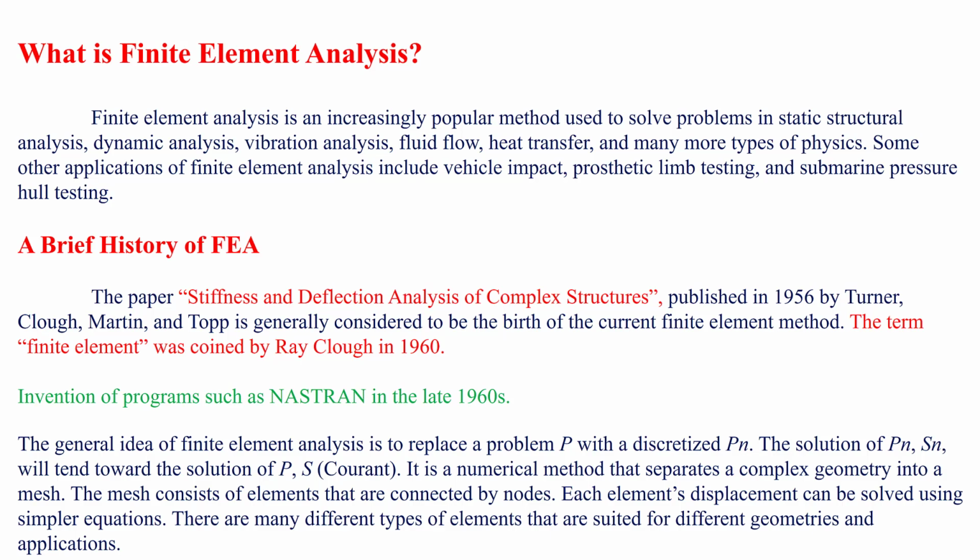In the year 1960, the term finite element was coined by Ray Clough. During the same period, the program Nastran was invented, and meanwhile other programs like Ansys and Abaqus and so on.